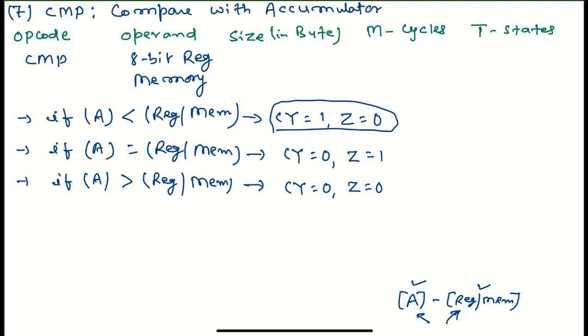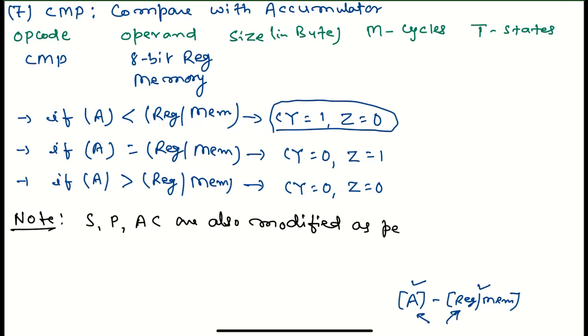In the note we can write down that sign, parity, and auxiliary carry are also modified as per the subtraction result.